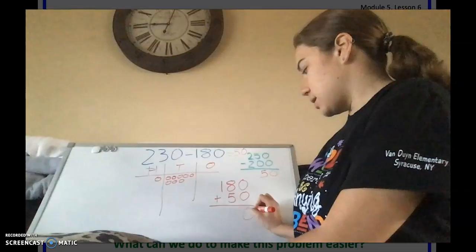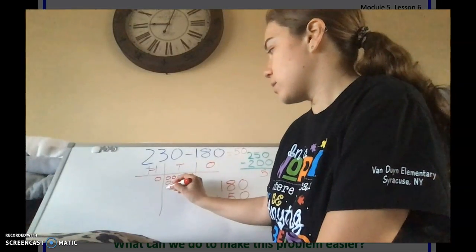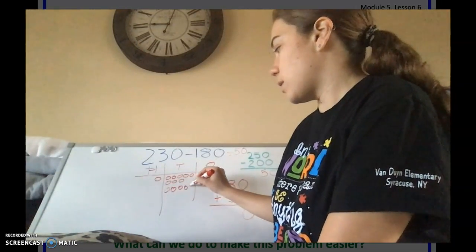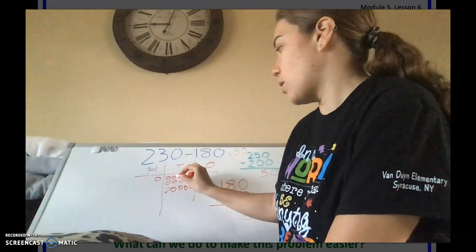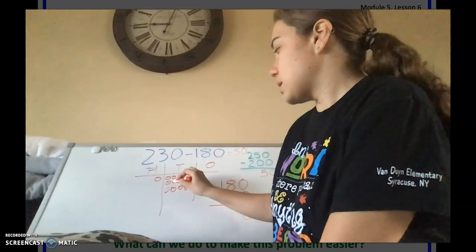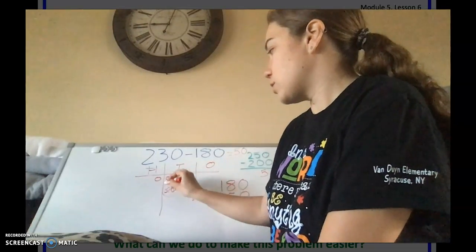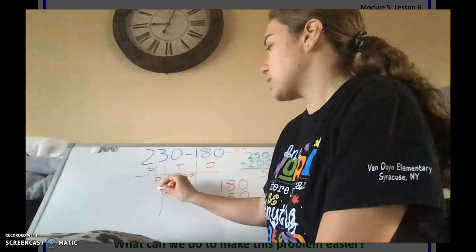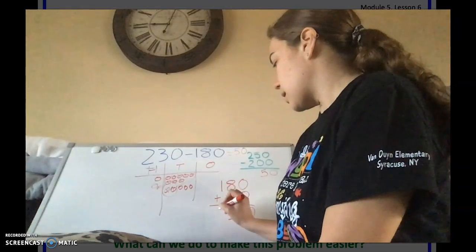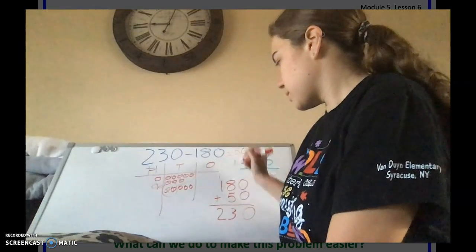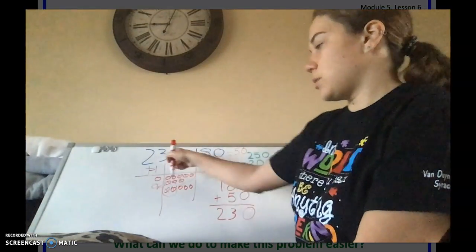So 0 plus 0 is 0. 8 plus 5. 1, 2, 3, 4, 5. So now there's too many there, so you have to exchange it. So 1, 2, 3, 4, 5, 6, 7, 8, 9, 10. So we're going to trade in our 10 tens for 100. There's only 3 left. Now there's 200. So 230. So we checked our answer and we are right.